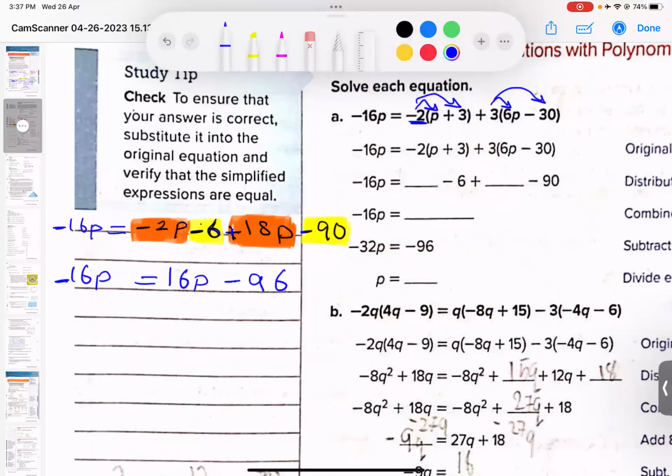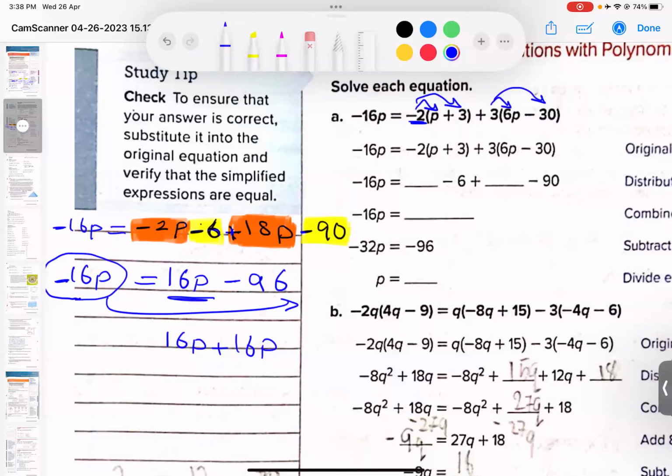So this one, I'm trying to move this part to the right-hand side. So it's going to be 16p. I kept it plus 16p, right? I changed the sign because it was negative on the left-hand side, but I've moved it to the other side, so it's supposed to be positive. So 16p plus 16p, right?